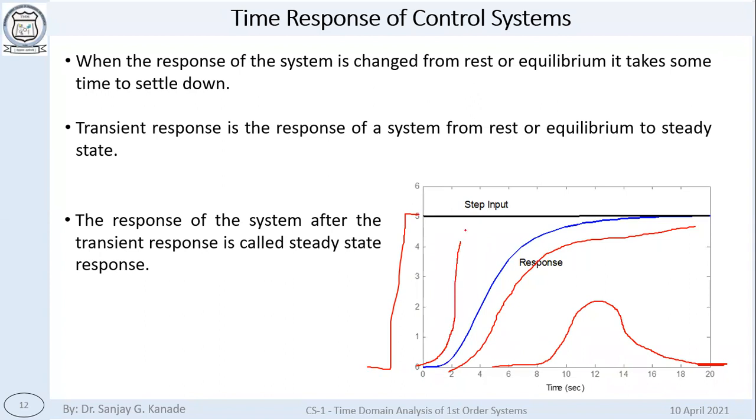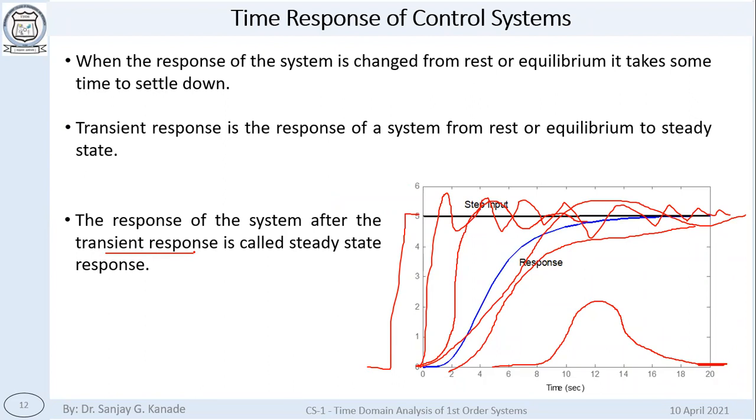That path could be like this, that path could be like this, that path could be something like this, right? What I have drawn here, 3, 4, 5 paths, are basically examples of the transient response of a system.